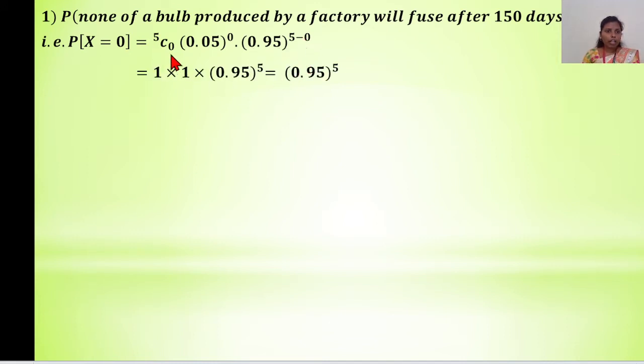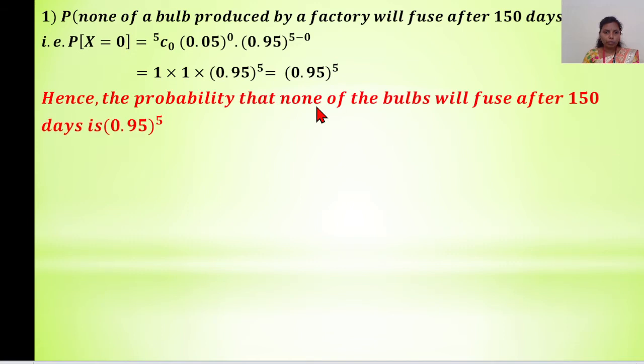Here the value of 5C0 is 1, 0.05 raised to 0 is also 1, and 5 minus 0 means 0.95 raised to 5. Hence, the probability that none of the bulbs will fuse after 150 days is 0.95 raised to 5.